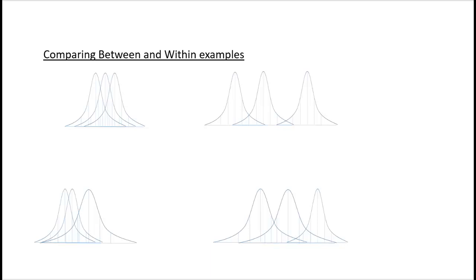Here's a couple of examples of comparing between and within. So let's look at this top right example. In this top right example, we have three groups of people that all have means and the spread of scores is something. In this particular case, we have three groups that have means that are relatively close to each other. Again, it doesn't matter what the actual spread of those means is. We're just looking at it graphically to kind of get an understanding of it.